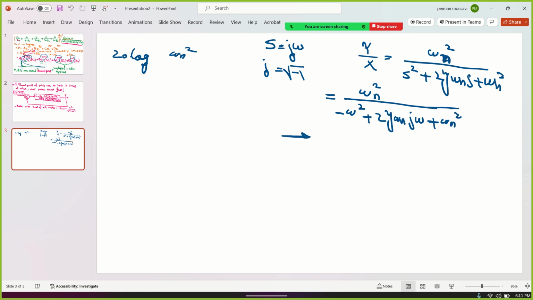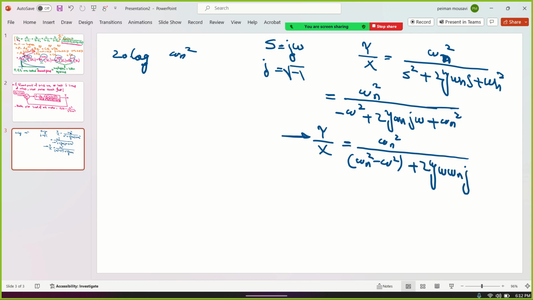This gives y over x equal to omega n squared over: omega n squared minus omega squared as the real part, plus an imaginary part, 2 zeta omega n omega j.